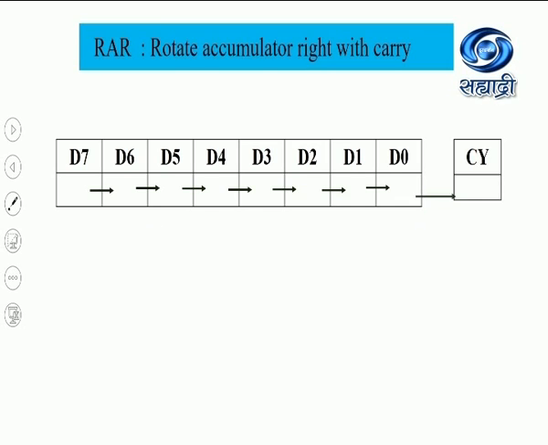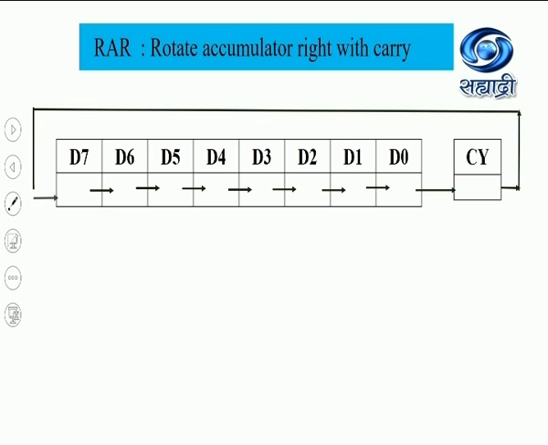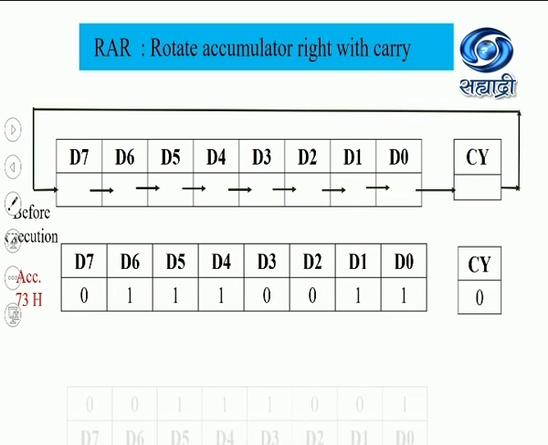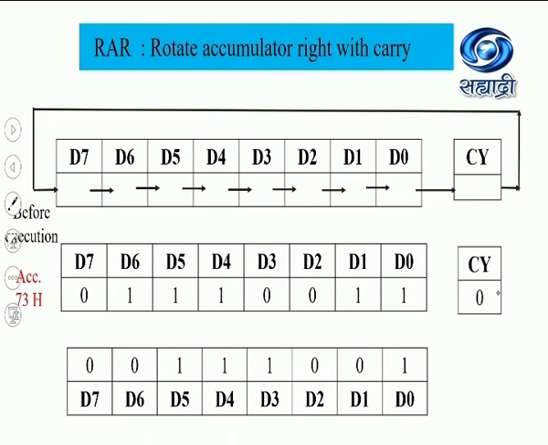So here this action is similar, but here the carry bit is rotated and it is moved to D7 position. So rotate accumulator right along with the carry bit. For example, accumulator contains 73. Initially carry contains 0. Now when microprocessor executes RAR, it will perform rotate operation like this.